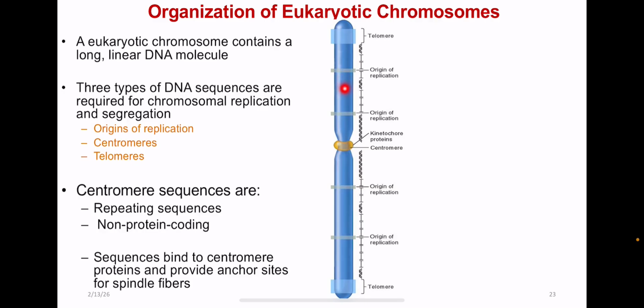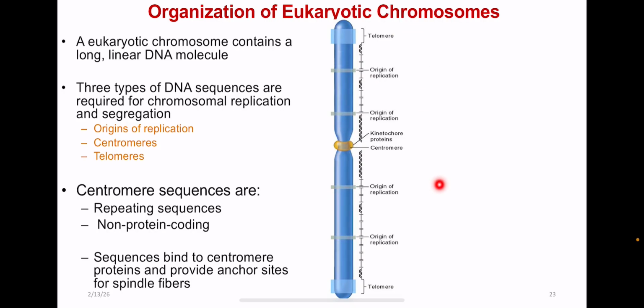On the bacterial chromosome it was just a circle with one origin of replication. The origin of replication plays a role in the bidirectional replication of DNA synthesis, so DNA synthesis can move in this way, another can move in that way.